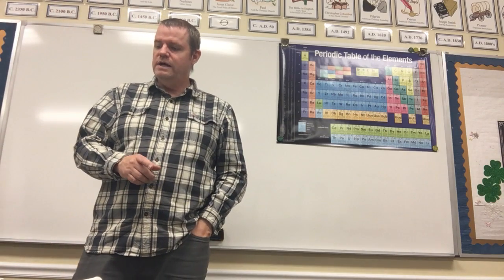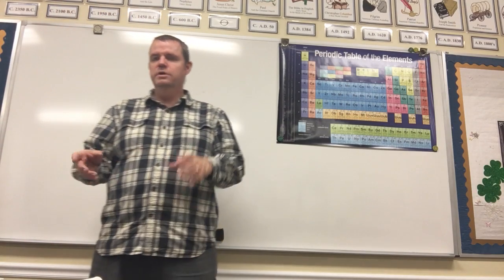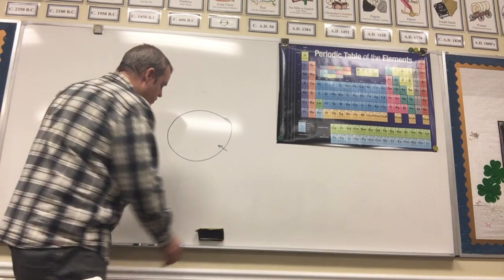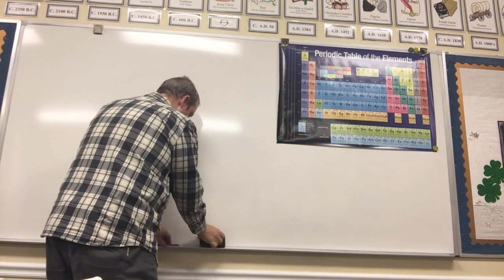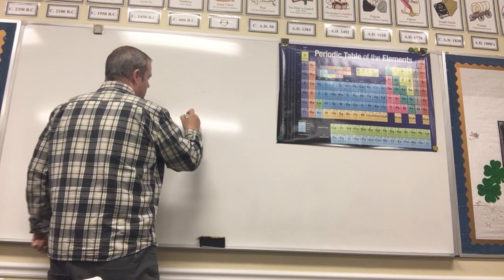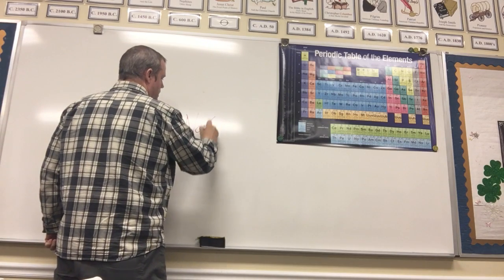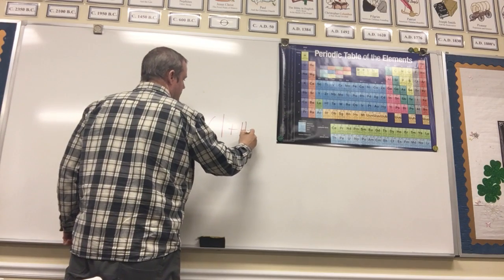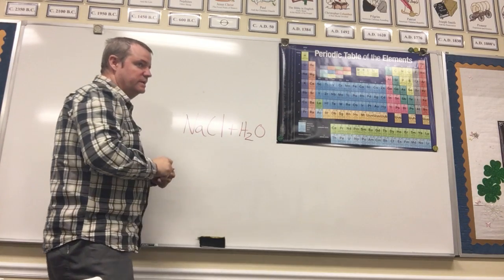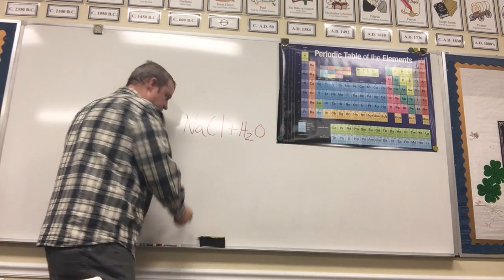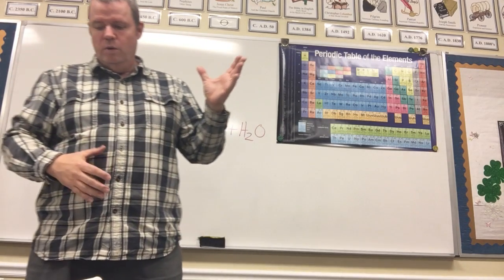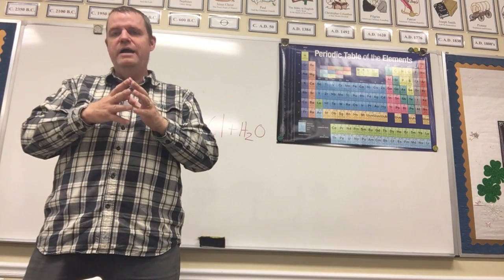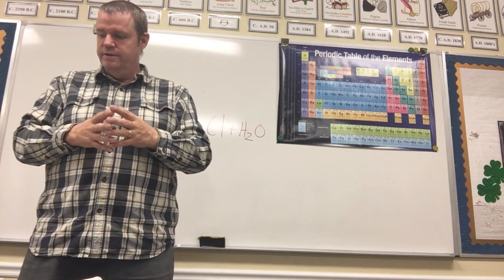So the solution process, for instance, if I put sodium chloride in water, so we'll draw some sodium chloride that we're going to put in some water here. This is not really a chemical mixture in the same way, but when we put them together, the ions dissociate from each other.